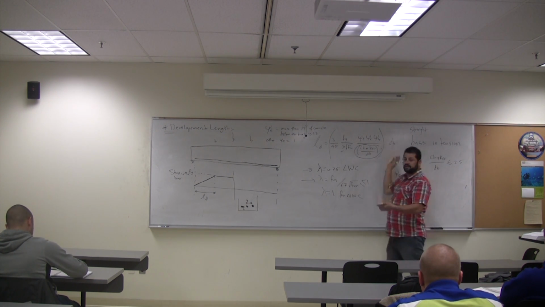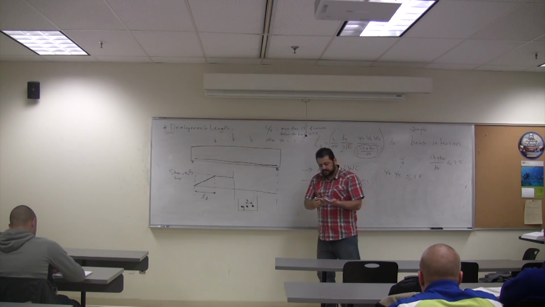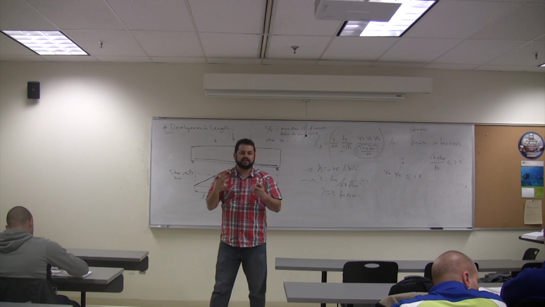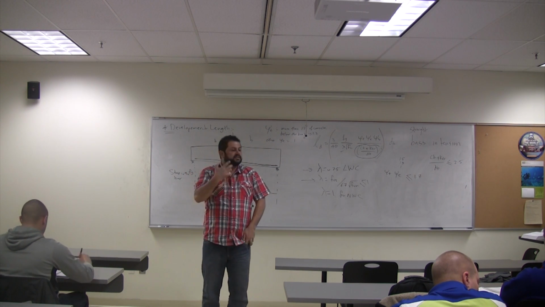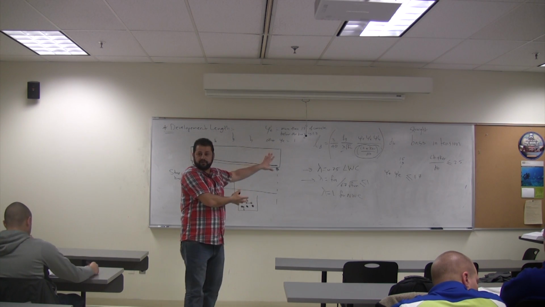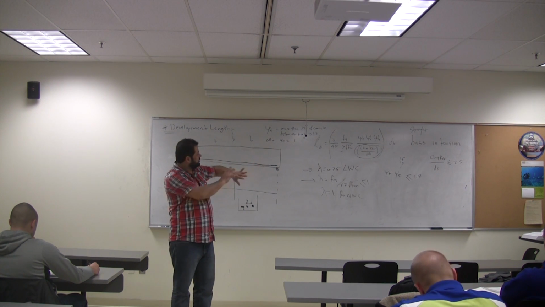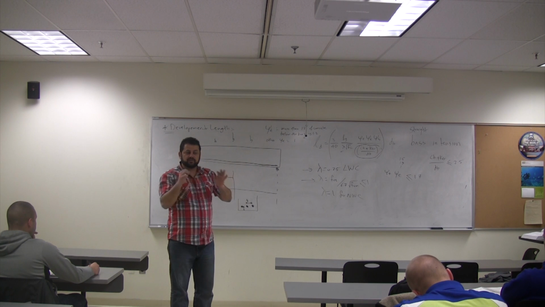Okay? So you have everything now. Now you can calculate the required development length. Calculating the development length, guys, is straightforward, based on what's given to you. It's an equation, you just apply it. After you get all of these terms, things will be very specific.